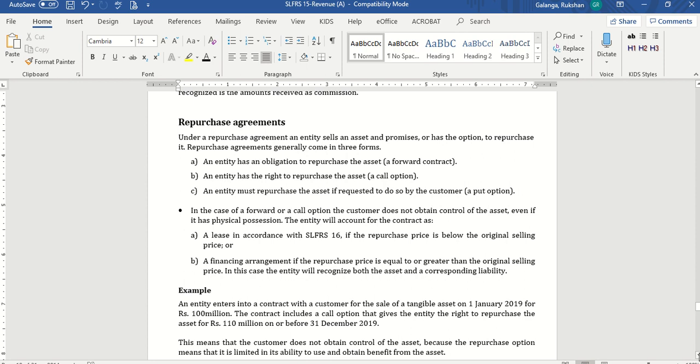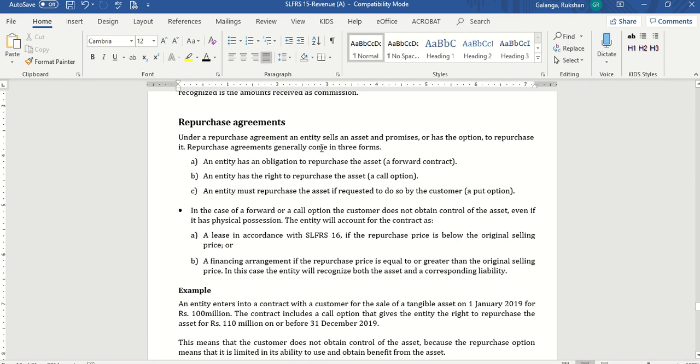That means you are selling an asset with the intention to repurchase. So can you recognize this as revenue when you sell with a view to repurchase, or is there any other accounting treatment? We'll see.